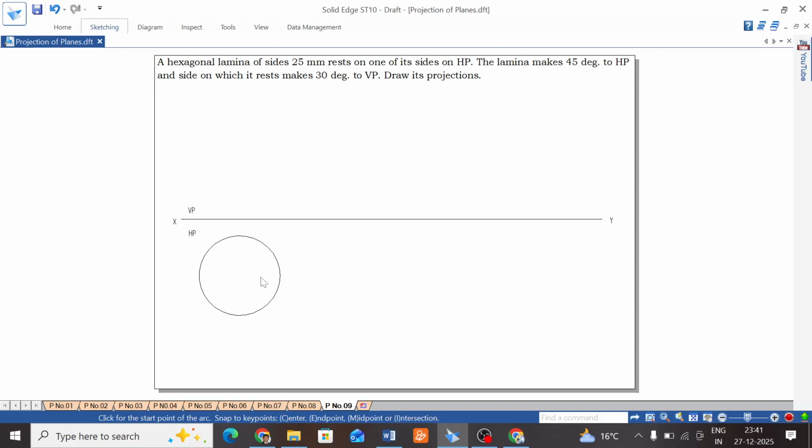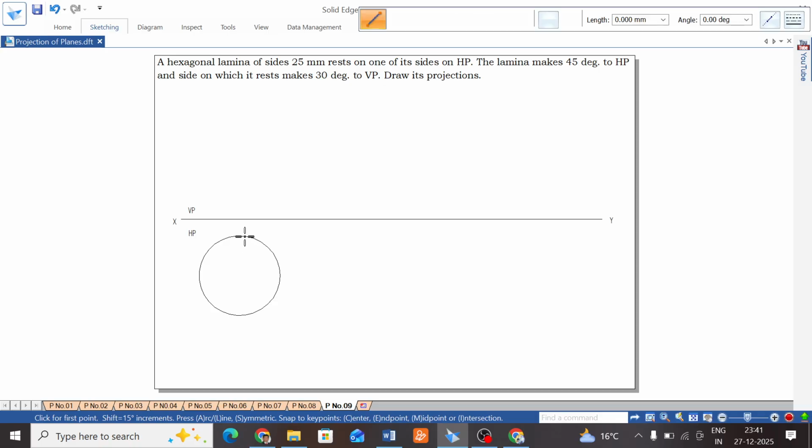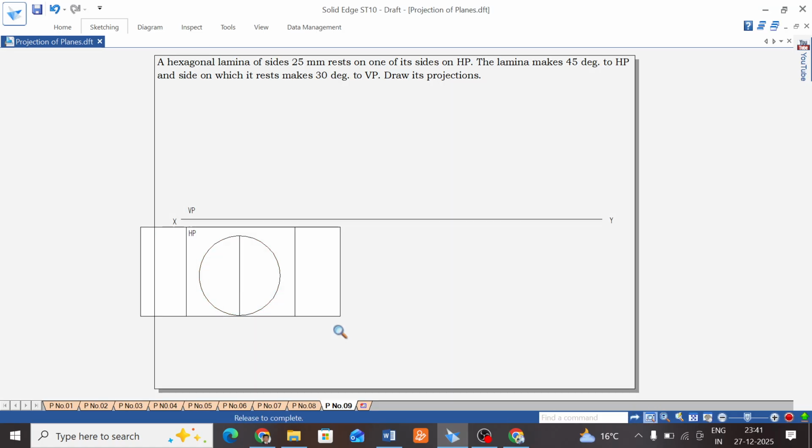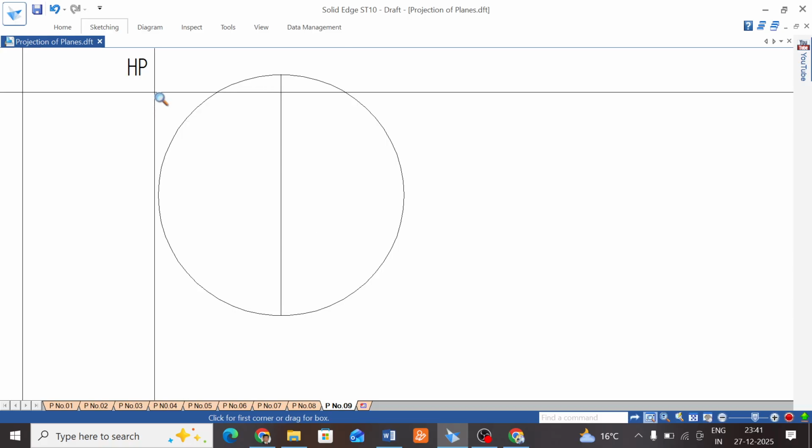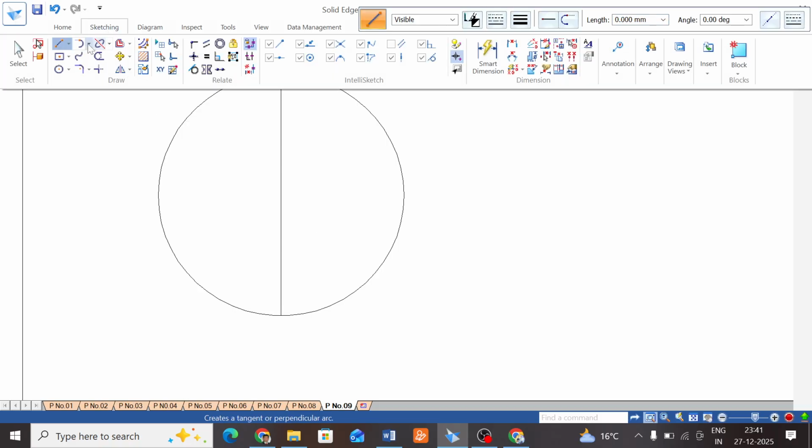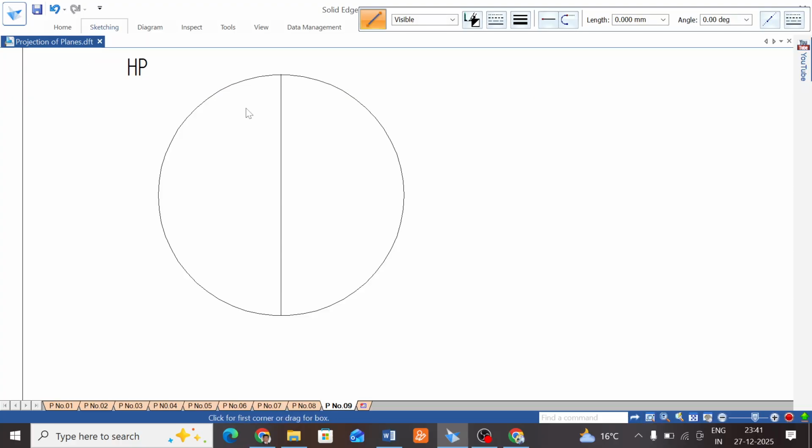Simply draw a perpendicular, one vertical line. Next, using the compass with 25 mm radius, on this corner cut the circle.